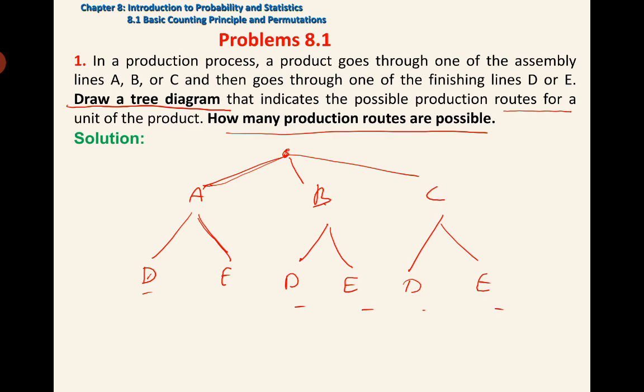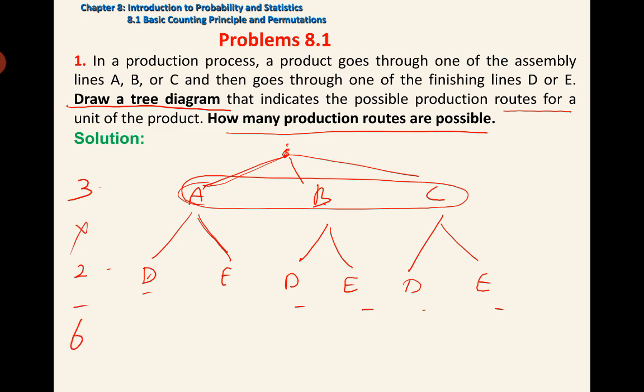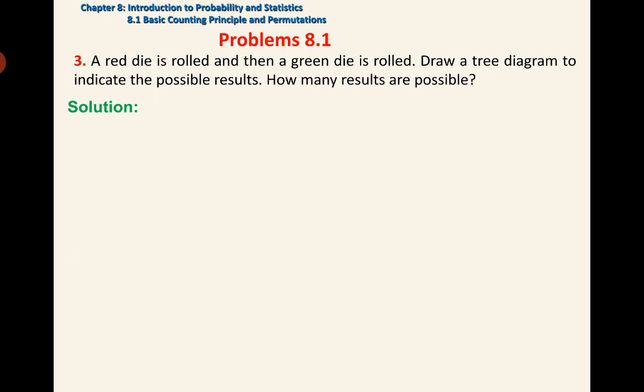In the first case, there are 3 ways. Out of the 3 ways, one has to be chosen by the product. Again, if you choose A, B or C, again there are 2 ways. So the product of 3 into 2 will be 6. So totally there are 6 ways. This is the counting principle.